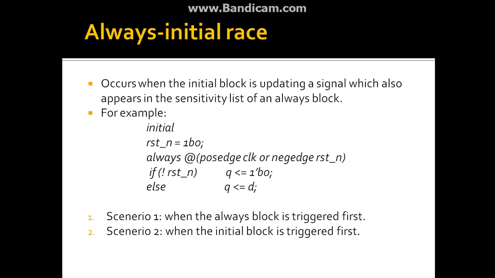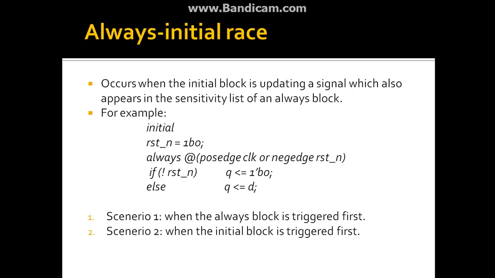Now the next condition is the always-initial race condition. Always-initial race condition occurs when the initial block is updating a signal which also appears in the sensitivity list of the always block. Consider the below code segment. Let us consider two different conditions. Scenario 1: the always block is triggered first.